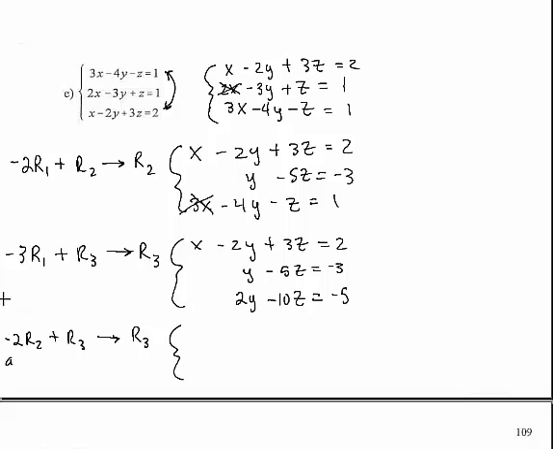So for a, well, we don't want to do a because there is no x term, so there is no a coefficient, it's just 0. So we'll start with b. Negative 2 times row 2, which is 1, plus 2 gives us 0.